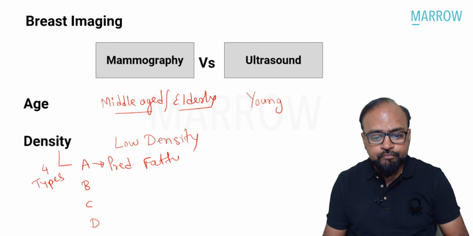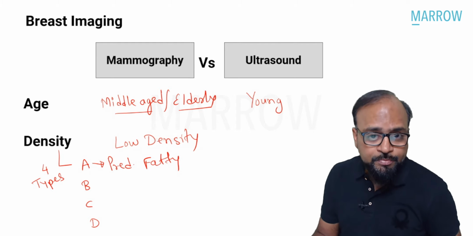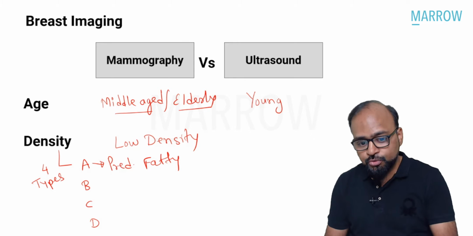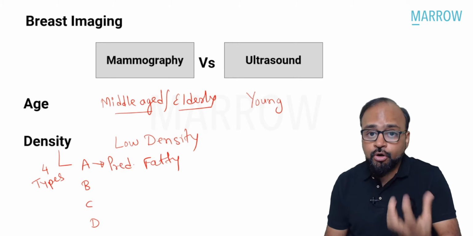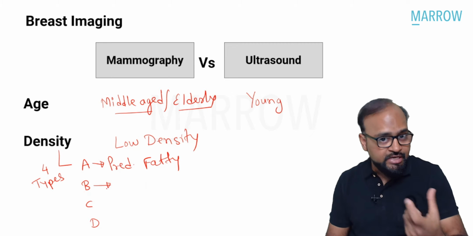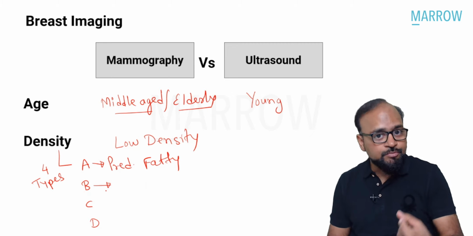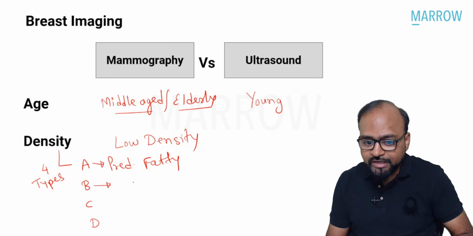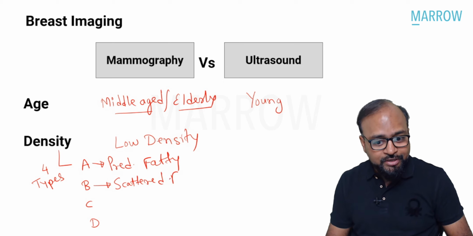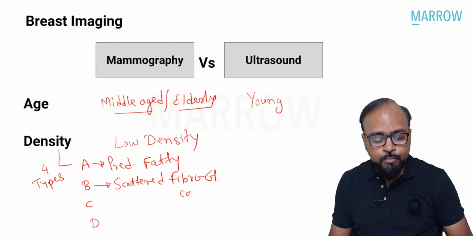Breast tissue basically comprises fat and fibroglandular tissue, right? Type A breasts are predominantly fatty, so they are less dense. Type B breasts, based on the density on mammography, have few scattered fibroglandular components.